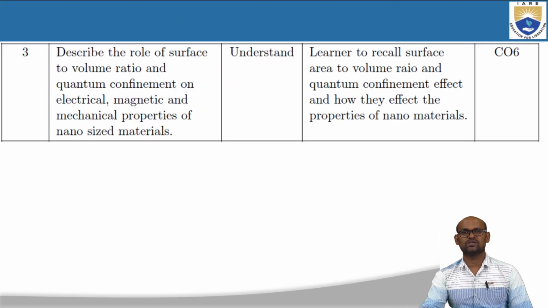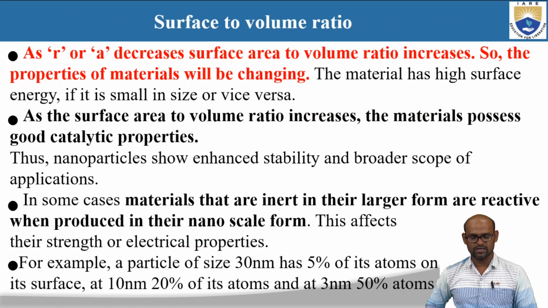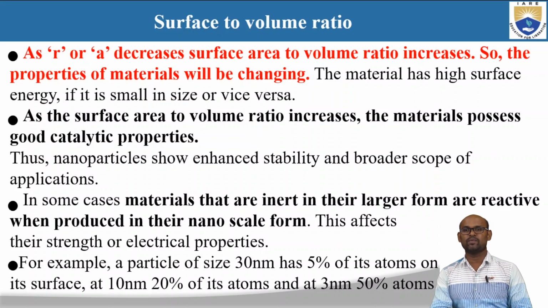Describe the role of surface to volume ratio and quantum confinement on electrical, magnetic and mechanical properties of nano-sized material. We have just discussed the surface area to volume ratio and how the properties of the material change. Some materials which are inert in bulk size will become reactive when we go to the nano size, and those which are not catalytic will become catalytic.